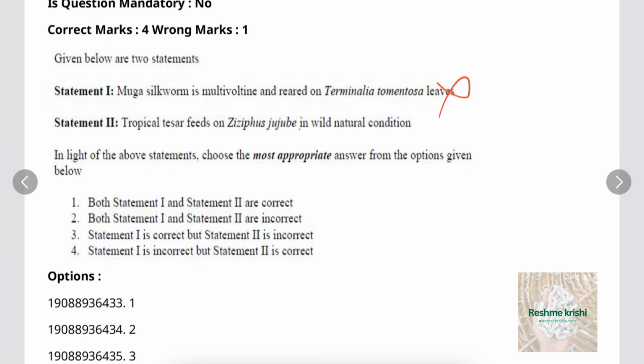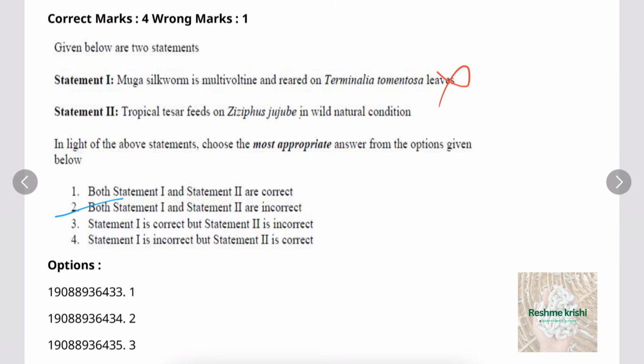Then how can it be given as Terminalia tomentosa? And at the same time, Ziziphus jujuba in wild nature condition is actually a tertiary or secondary food plant for Muga. So the answer will be both the statements are incorrect.